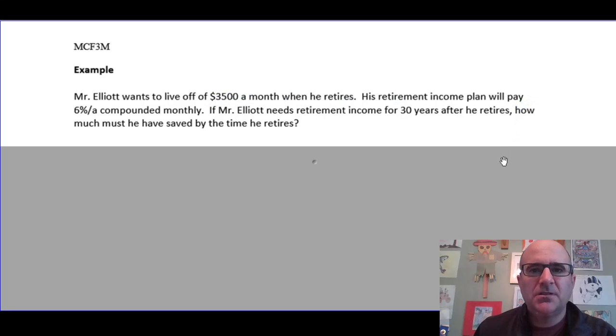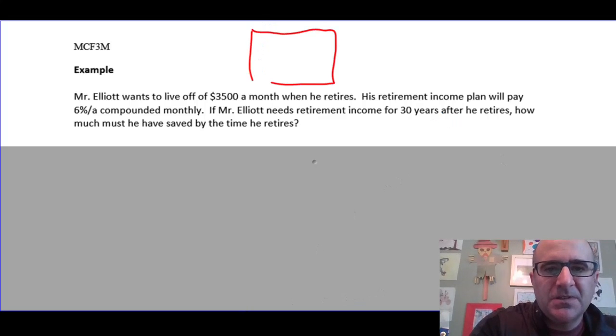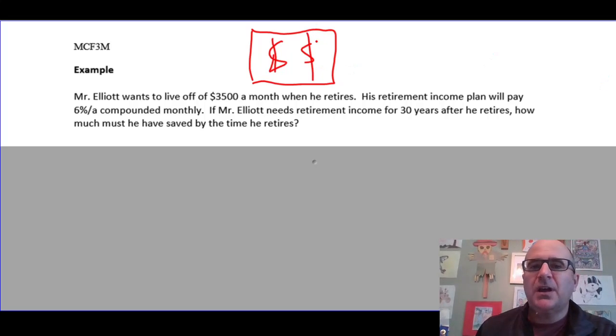So what happens when you retire and want to live off of your savings is you would have some big, large sum of money, and that sum of money would immediately collect interest. So say day one of retirement, hopefully I'm on a nice beach somewhere, and I have this big bank account full of money.